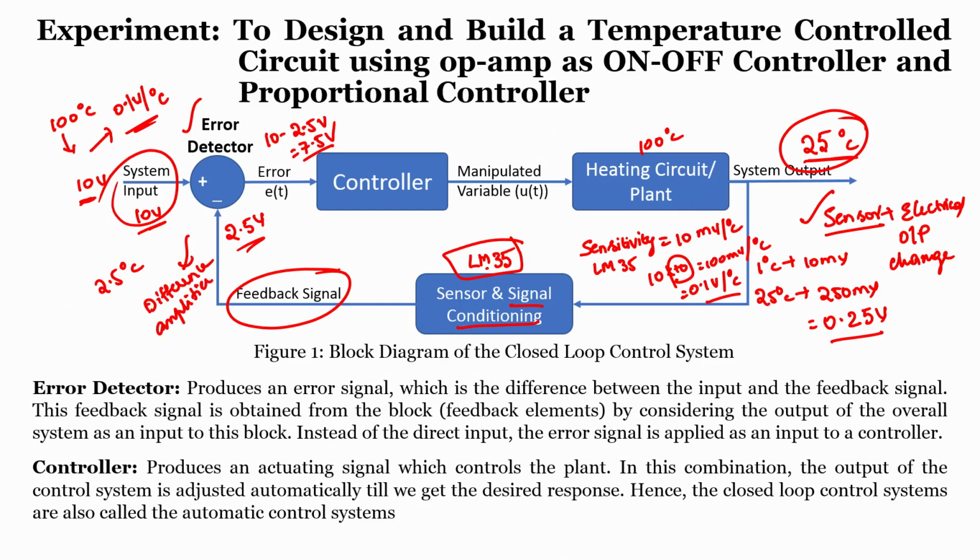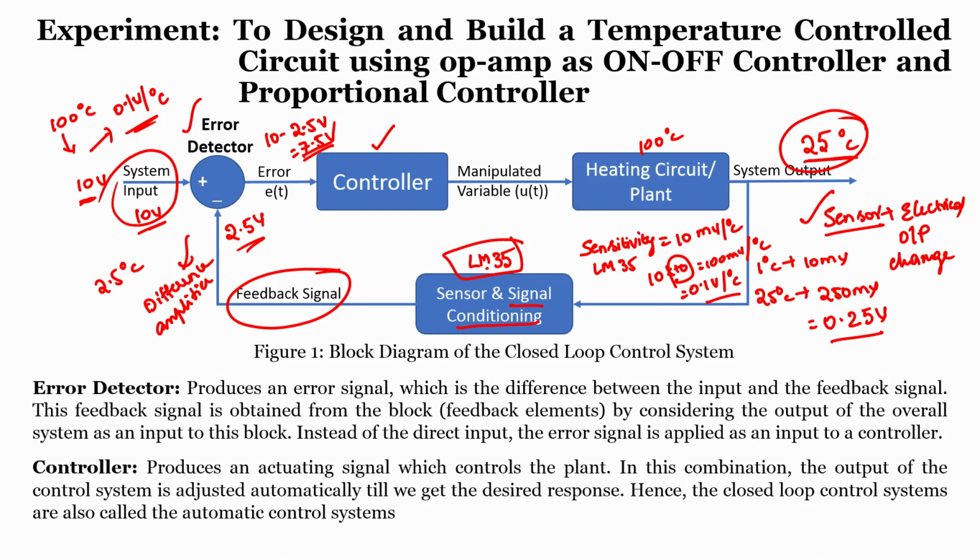Right. So, now after implementing the difference amplifier, it gives me 7.5 volts. Now we should understand how a controller works, what different types of controllers we are looking at, what the functionalities of the controller are, and what the logic behind the controller is.